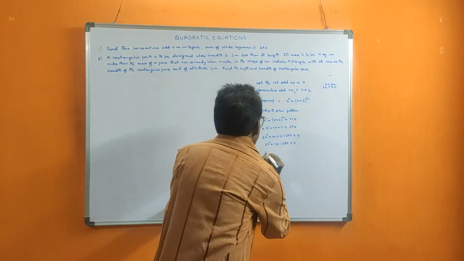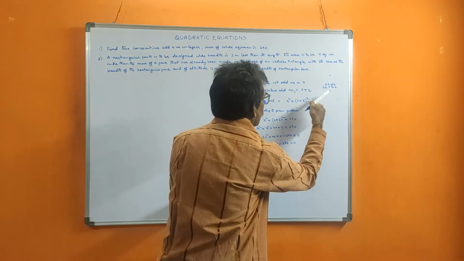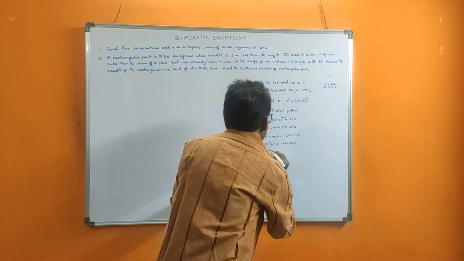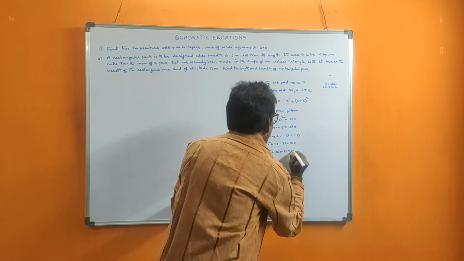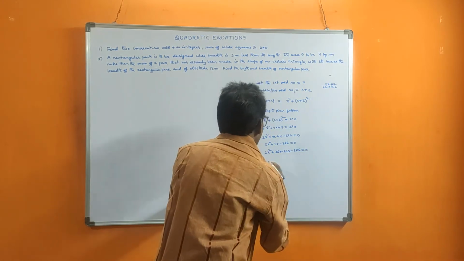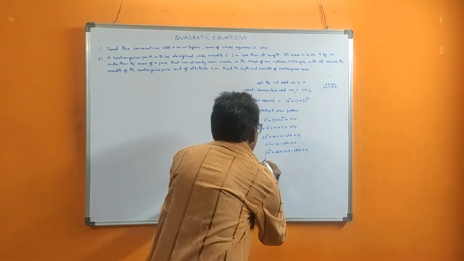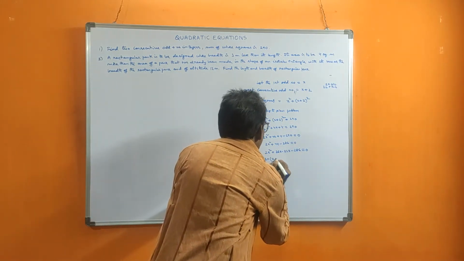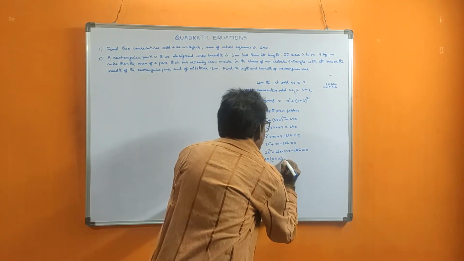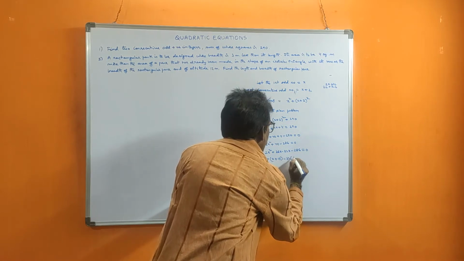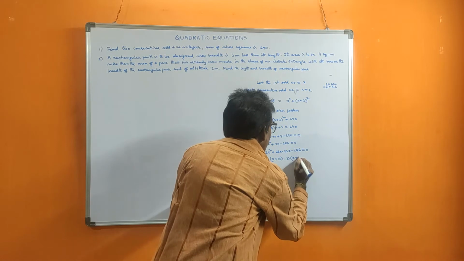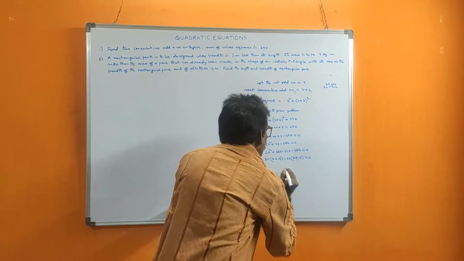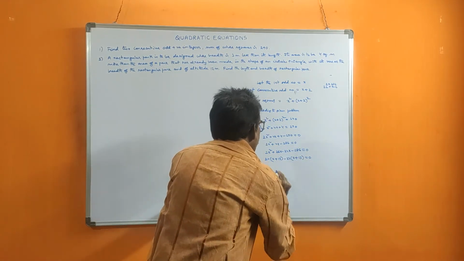Now we can split this as 2x square plus 26x minus 22x minus 286 is equal to 0. Now 2x common, x left, plus 13. Minus 22 common, x left, plus, minus into plus is minus, 13, is equal to 0. 22 13s are 286.